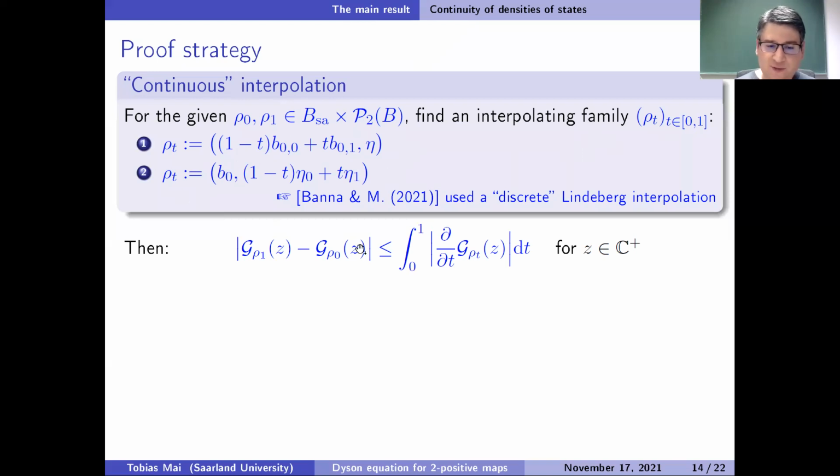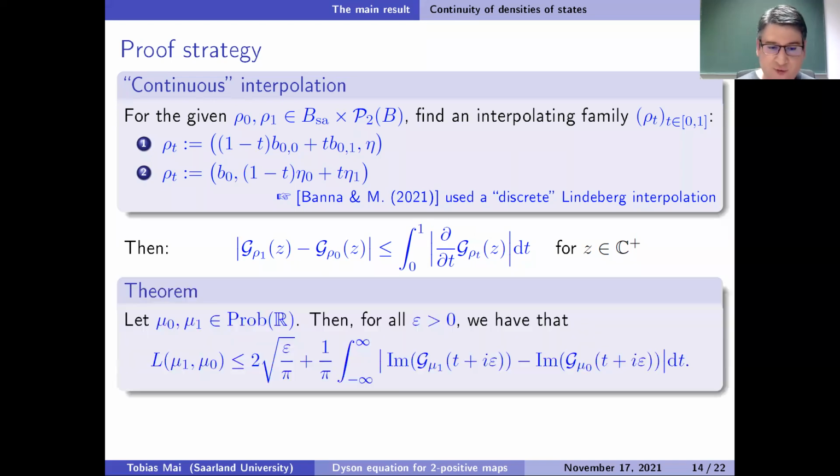We just write the difference between the two Cauchy transforms as an integral, or we estimate it against the integral of the absolute value of the derivative. But in order to perform this, we should have some control on the evolution, let's say, of the Cauchy transforms, these abstract Cauchy transforms. And this is what we will do in the sequel.